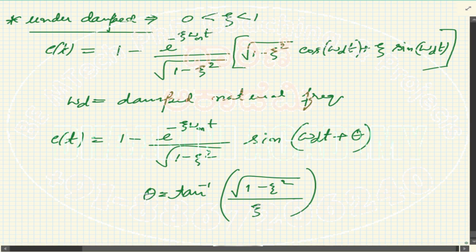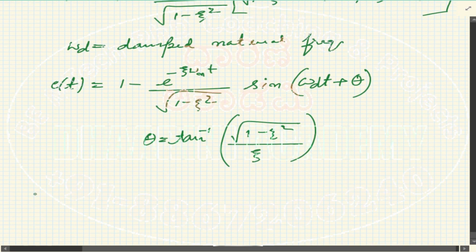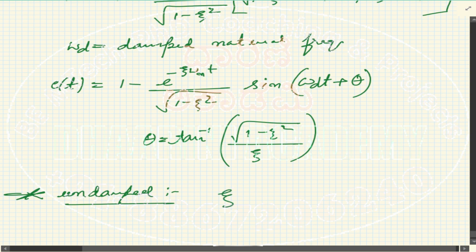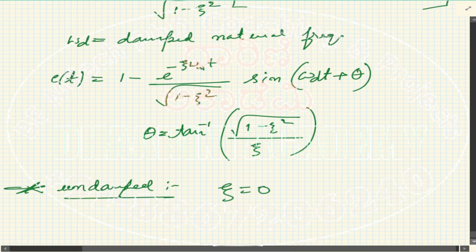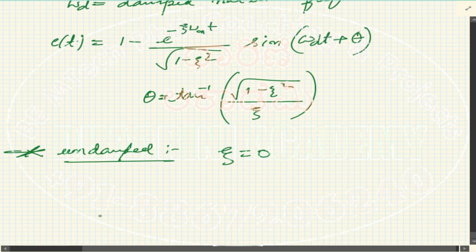Then we have the second case called undamped. So undamped is a case where zeta is not there. Zeta is completely zero. Okay, in this case the output, again we have a derivation, but we'll skip this.